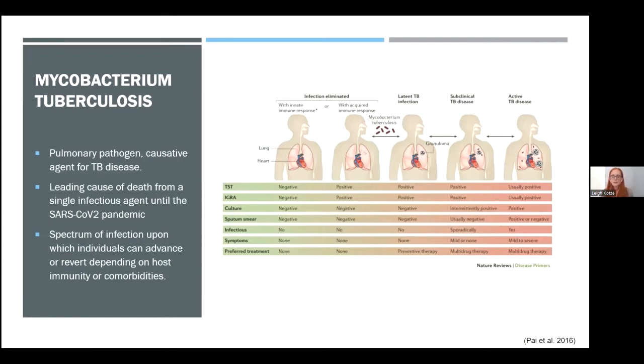And we see that the mode of infection is not as simple as either infected or uninfected. We have patients who fit a continuum or spectrum of infection, which goes from an initial infection which is cleared, all the way to active disease, where transmission is possible. But in between your cleared infection and your active disease, you have patients who present with latent infection, who are not contagious and manage to control infection without being able to fully clear it.